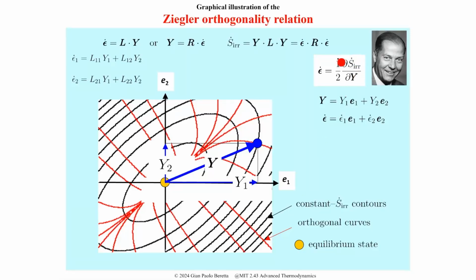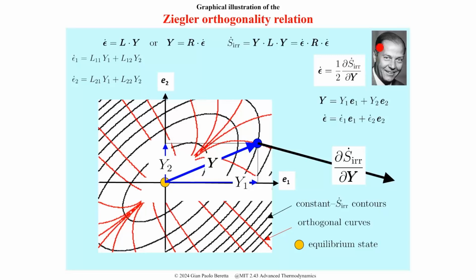All right. The expression for the gradient is like a generalized derivative. So the derivative of S dot with respect to y vector, this is the gradient. And if I plot the gradient, it is a vector which is orthogonal. I plot it here, so it's orthogonal to the curve for which it is the gradient. Okay.